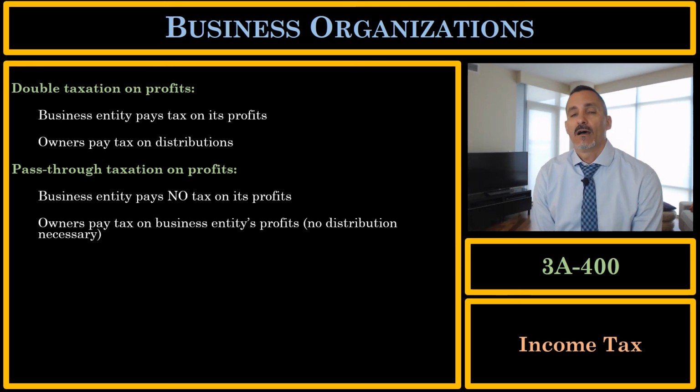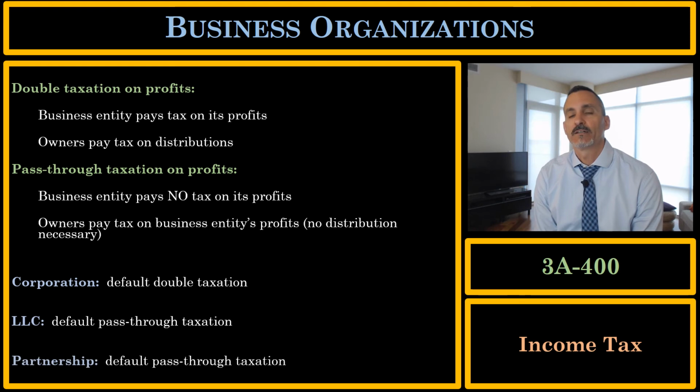The profits pass through to the owners, and the owners will pay income tax on the business entity's profits. So in double taxation, we have two levels of taxation, taxation at the business entity level and taxation at the owner level. In pass-through taxation, we only have one level of taxation, and that is at the owner level.